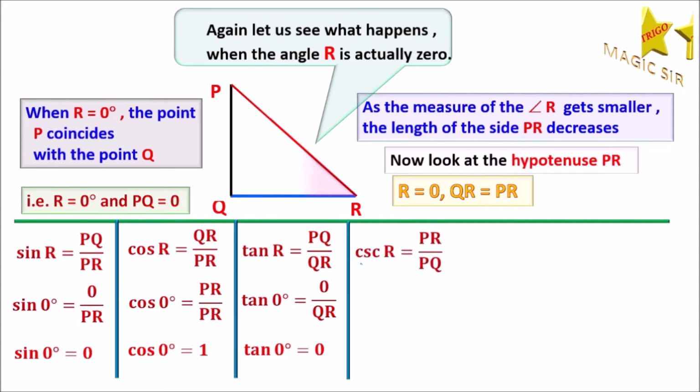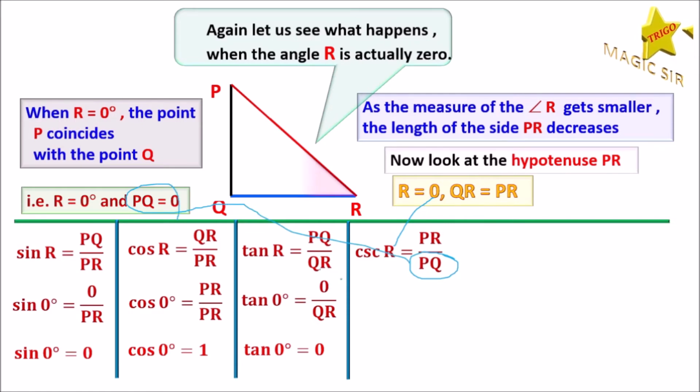Now by definition, cosec R, we write CSC R, cosec R is equal to PR upon PQ. We put R equal to 0 degrees, PQ equal to 0.